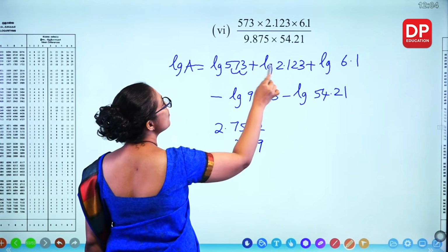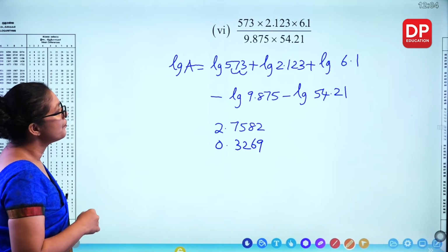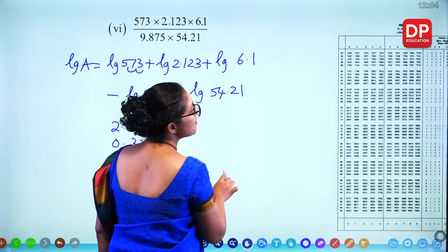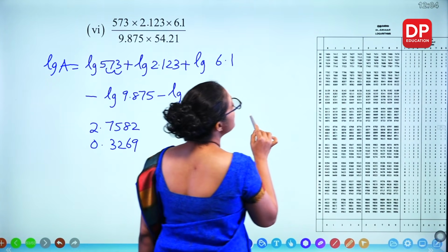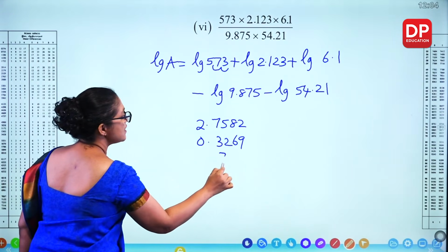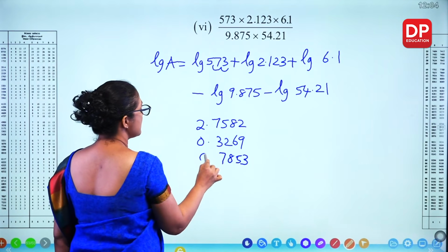That's also addition and this is 2 point. So the characteristic is 0. Then 61 0. 61 0, 78 53. 78 53, the characteristic is 0.